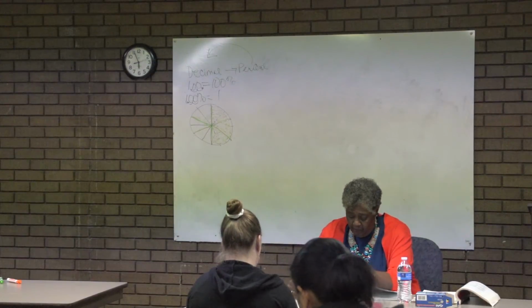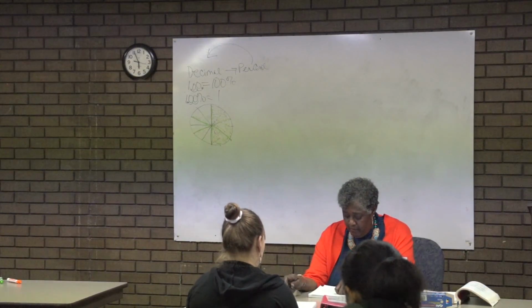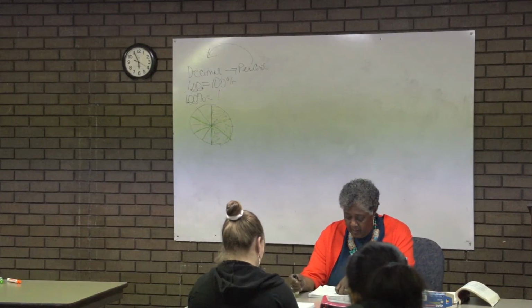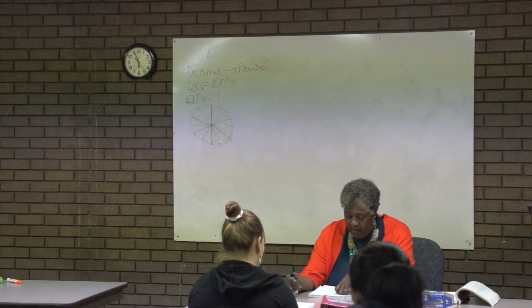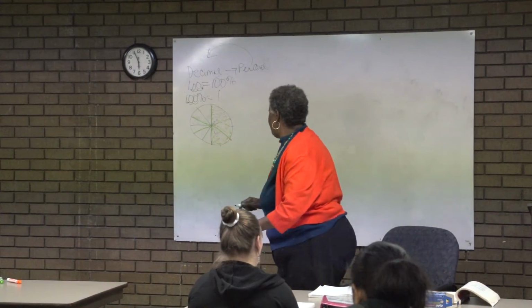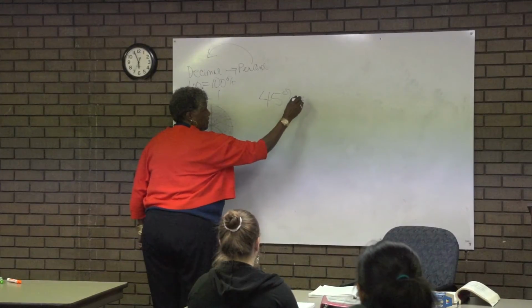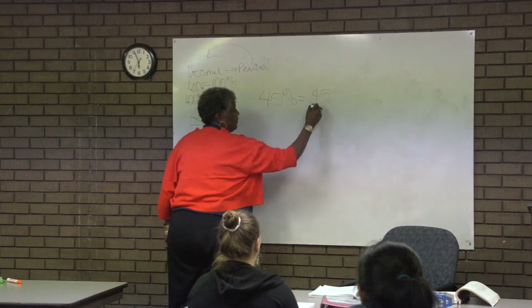On exercise 4, we're changing a percent to a fraction. Remember that a percent to a fraction means that you are dividing by 100. 100 is your denominator. So for any of the whole numbers, 45%, that's just 45 over 100.